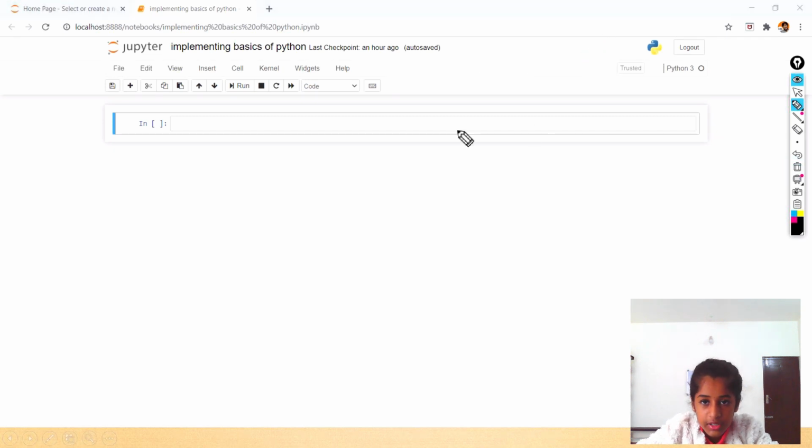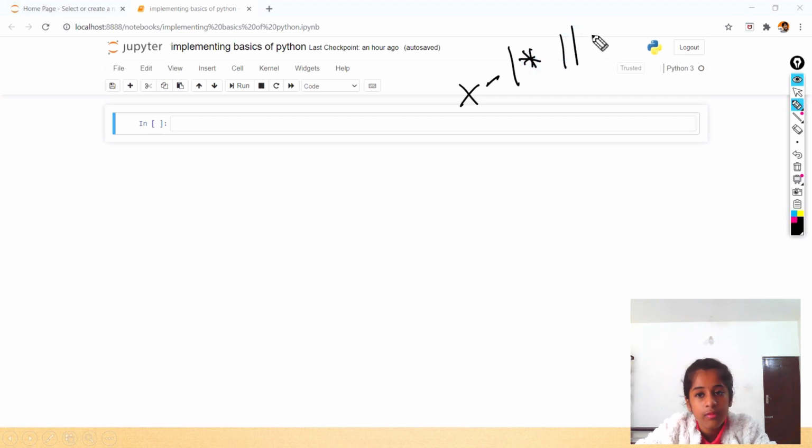So before implementing, let's revise: plus, minus, division, multiplication, and the floor division, modulo, and we have another one called square.